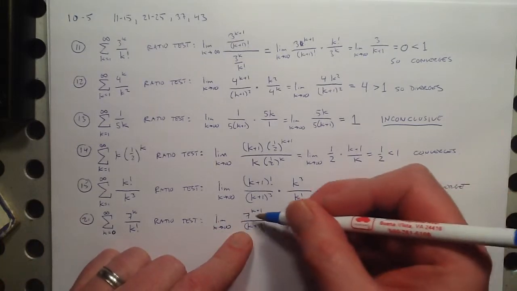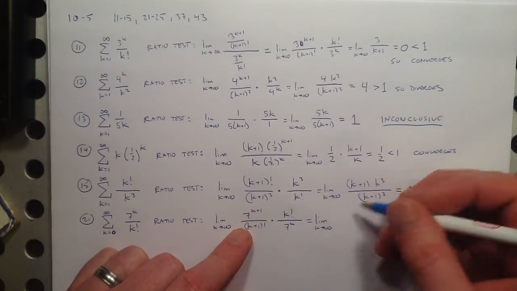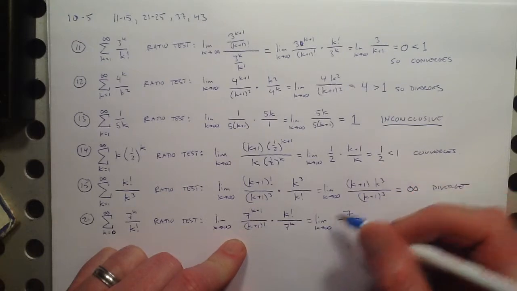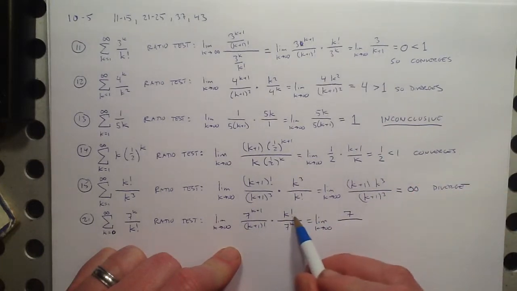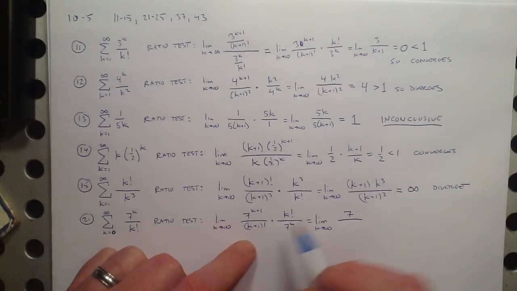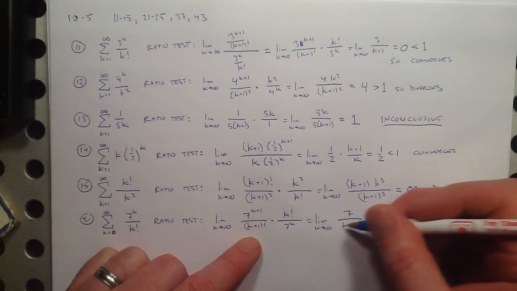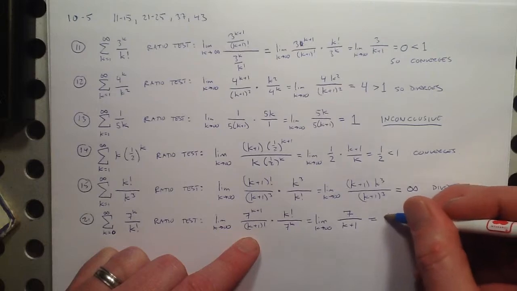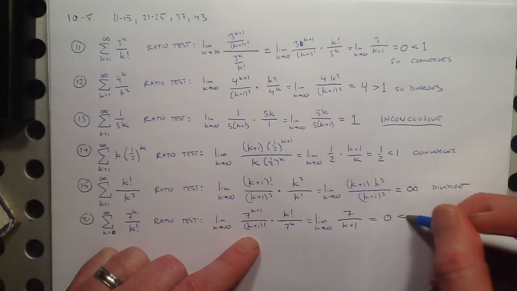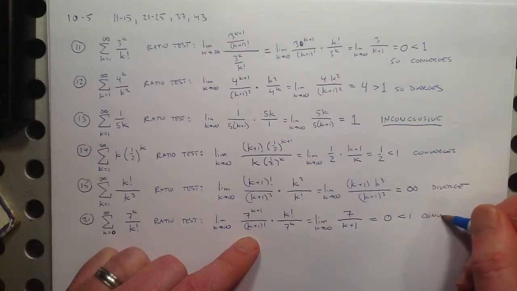Let's see what we have here. I got one extra 7 on the top, and then when I cancel out my factorials, everything k and down cancels, and I just get left with the k plus 1 on the bottom. Highest power only on the bottom, so that limit approaches 0. And 0 is less than 1, so that converges.